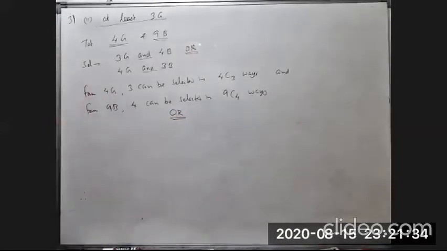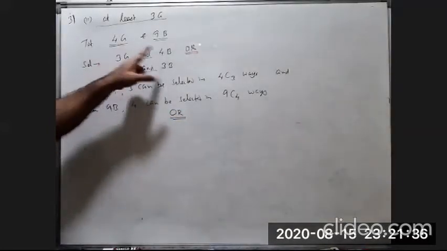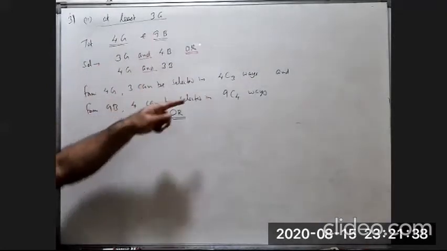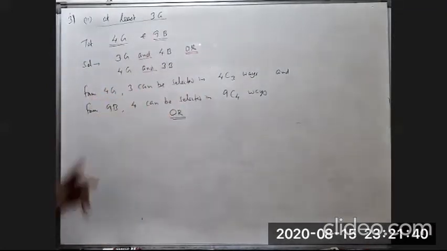This is the first option: 3 girls and 4 boys, so a total of 3 plus 4, 7 is selected.